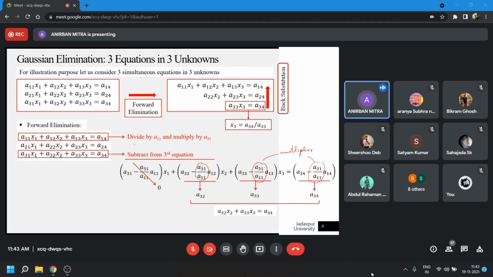Quite obviously now it reduces the first term in the modified third equation to 0, and we have a32x2 plus a33x3 equal to a34. So this step of forward elimination is carried out with respect to the first equation.